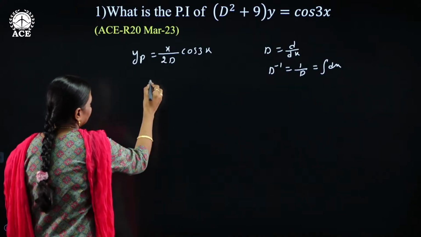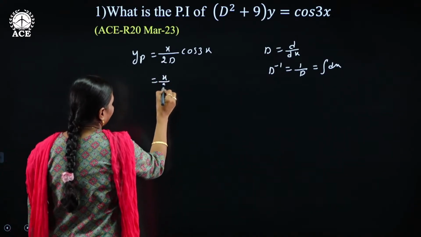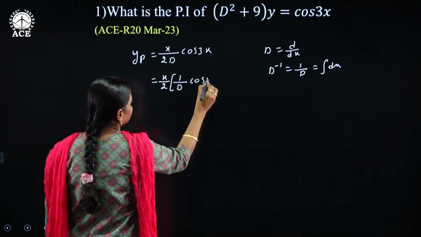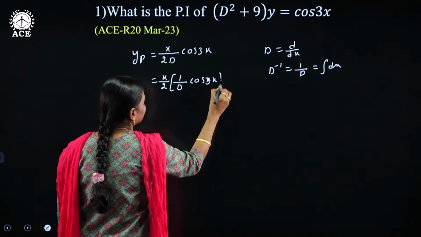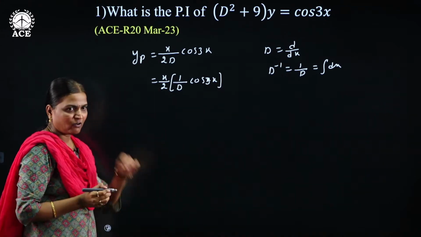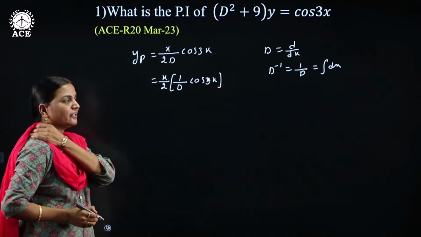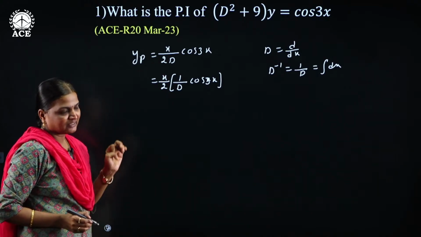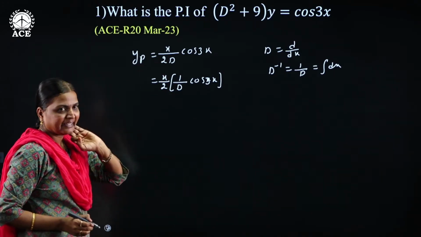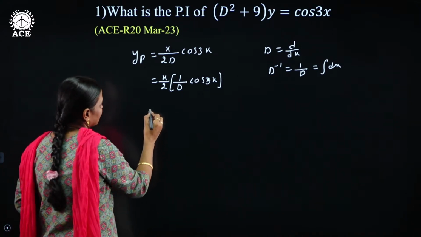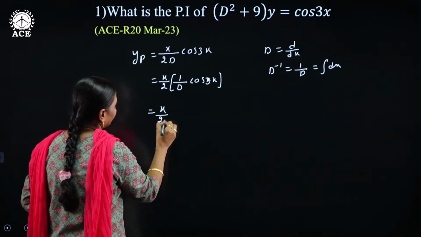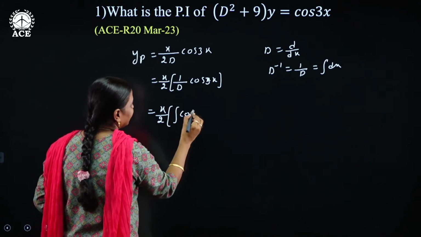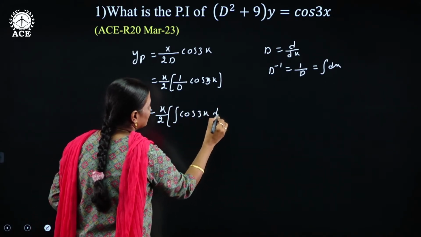Now this is equal to x by 2 into 1 by d into cos 3x. After replacing d square by minus a square, if f of d contains d terms, here we have only one d, so no need to multiply and divide with d. So directly integrate it. 1 by d into cos 3x, x by 2 into integration. 1 by d into cos 3x is nothing but integration of cos 3x into dx.